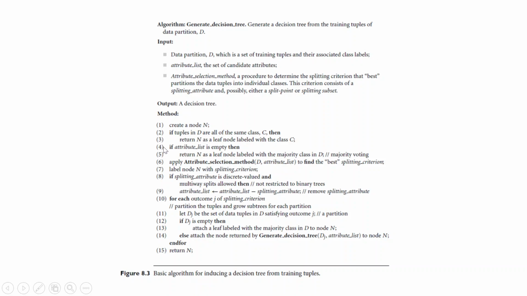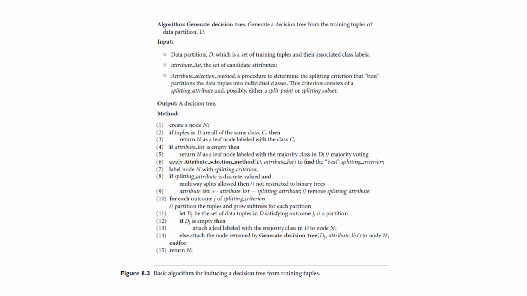In alternate cases, all of them do not belong to the same class, but if the attribute list is empty, that is, we have already considered all the attributes, then you have no more attributes to divide.